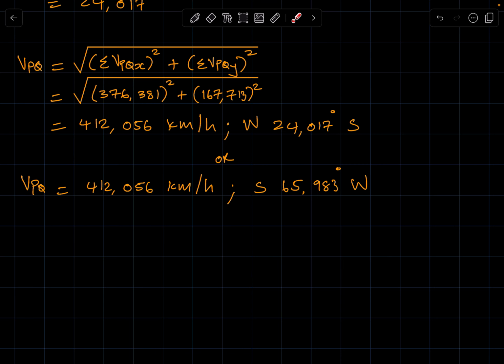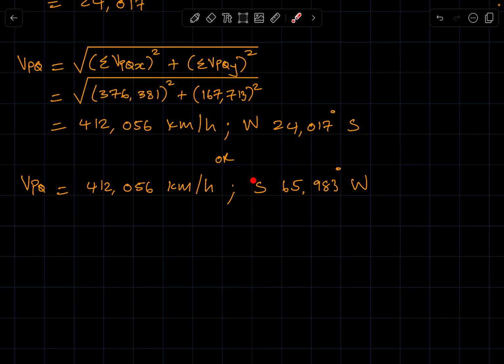So if you are comfortable with referencing your angles from the y-axis, this is what you would have. Either way, these directions tell us in which quadrant the resultant velocity for these vectors is going to be.